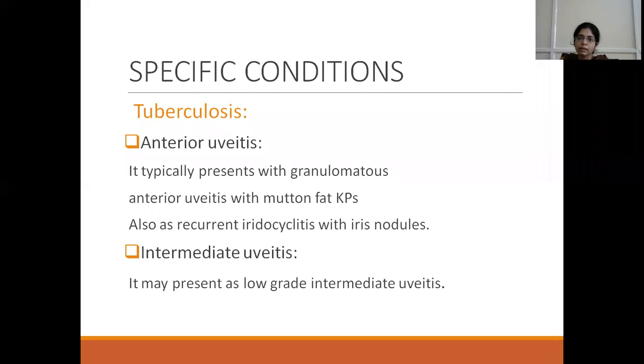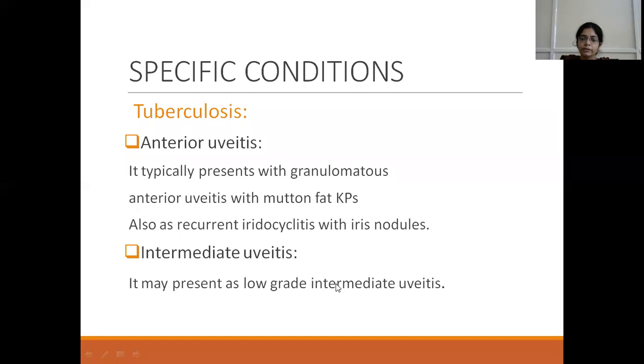Please recollect that granulomatous is differentiated from non-granulomatous by the presence of large, lardaceous mutton fat keratic precipitates. But sometimes there are exceptions. It can sometimes also present as a very low-grade non-granulomatous type of anterior uveitis.